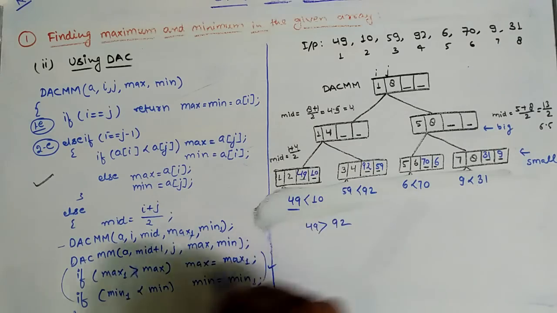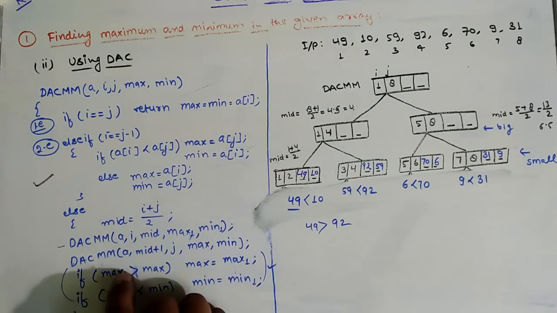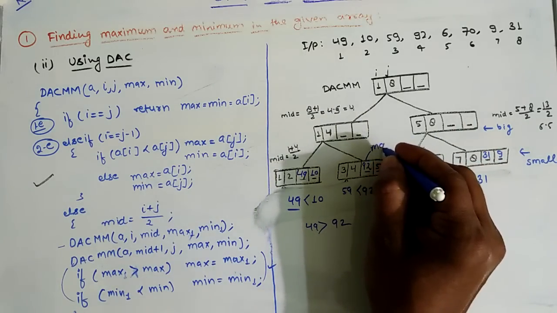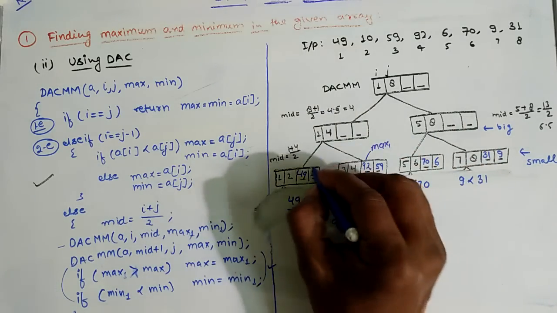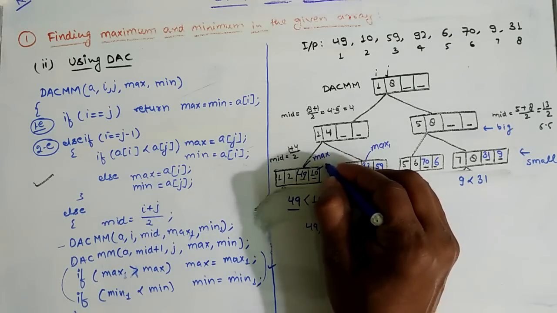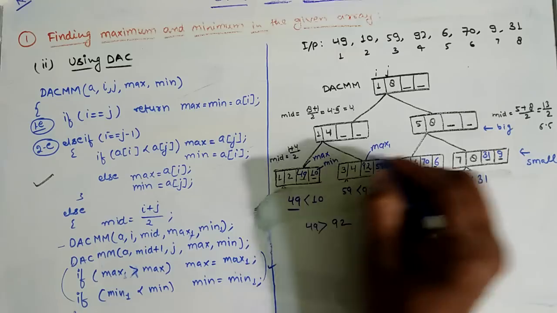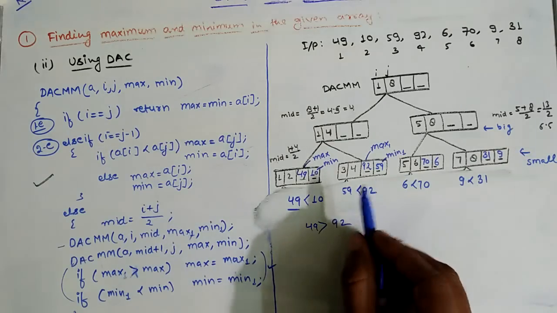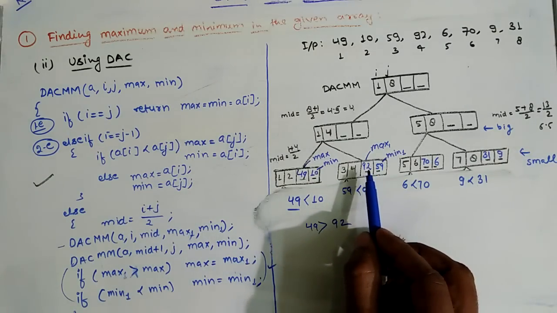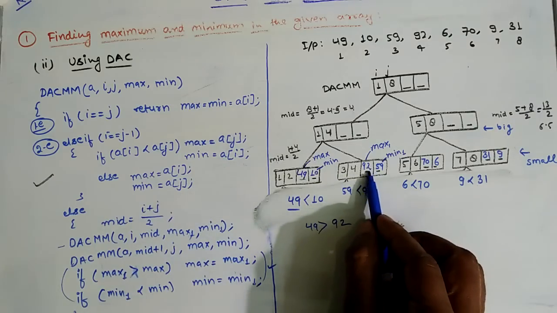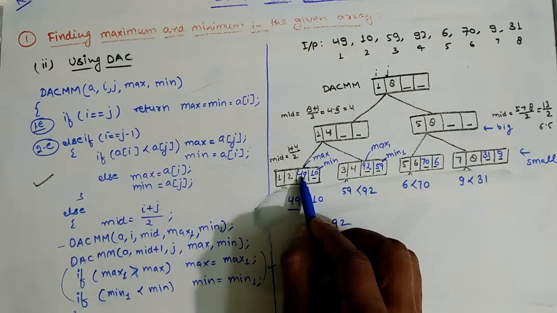Sorry, I just correct it. So this is my max 1 and this is my max, this is my min, and this is my min 1. So I compare whether max 1 is greater than max.